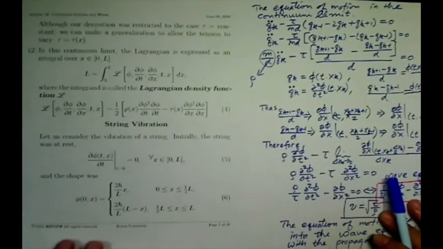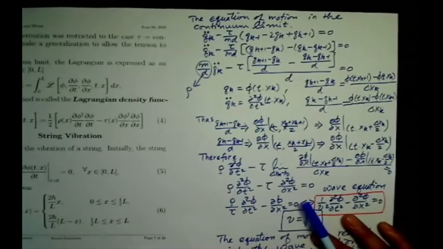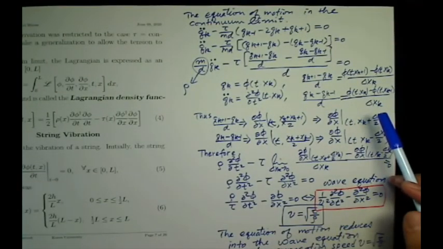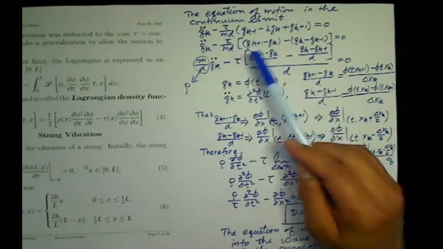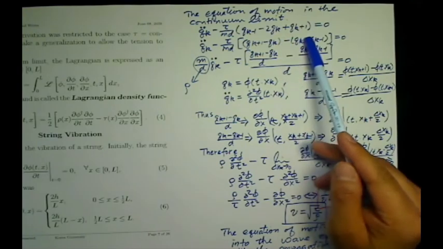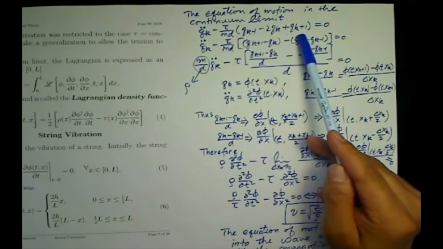But before we study that one, we first consider the eventual form of the equation of motion in the continuum limit. The equation of motion for the discrete beads loaded on a string was written in this form.